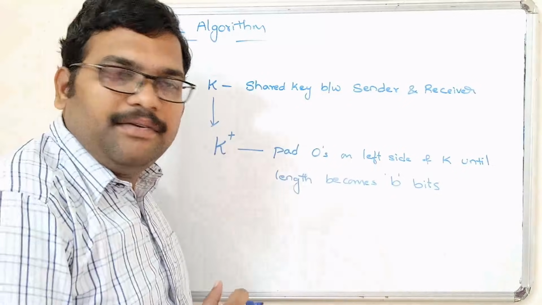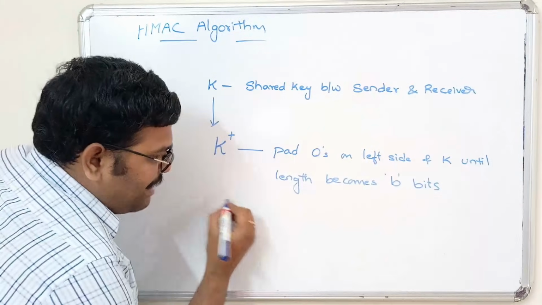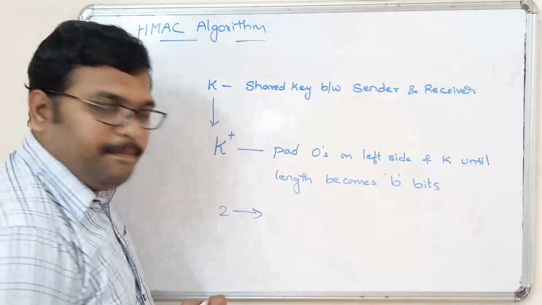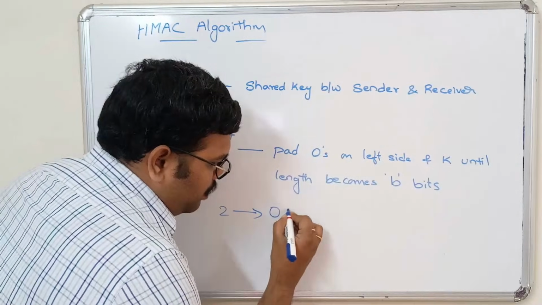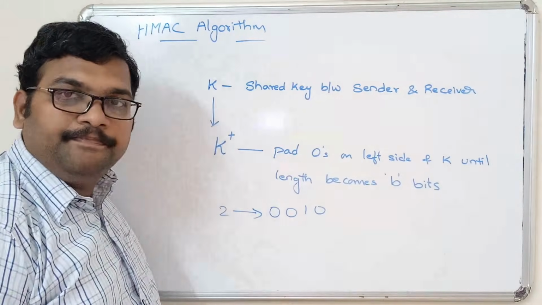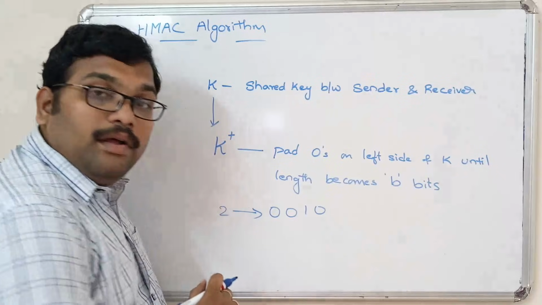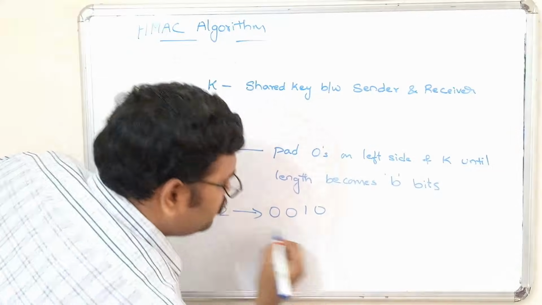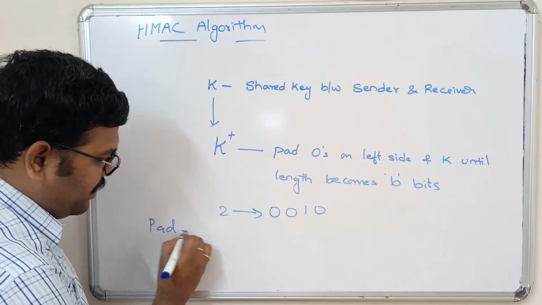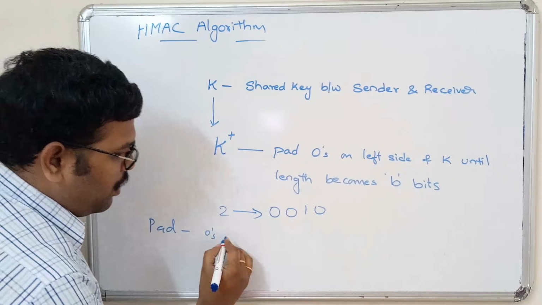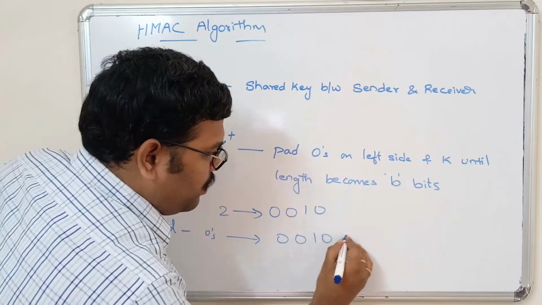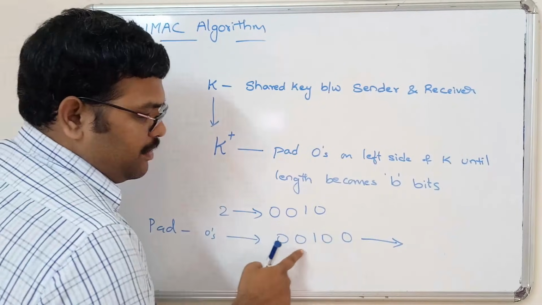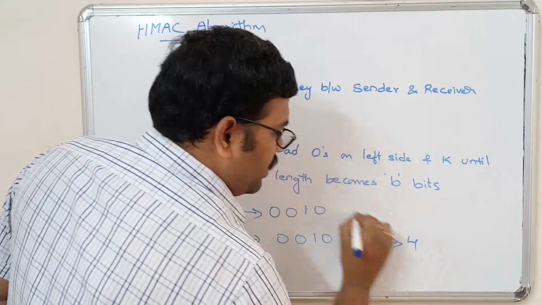Why is this on the left side? For example, consider the decimal number 2 represented in a 4-bit manner: 0 0 1 0. If you pad zeros on the right side, it becomes 0 0 1 0 0, and the decimal value of this is 4, whereas the original is 2.